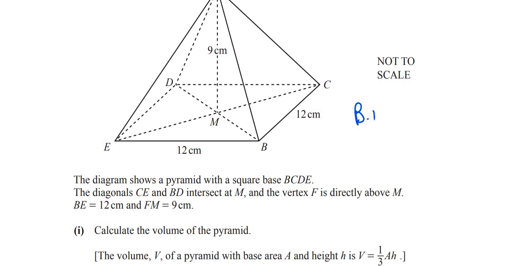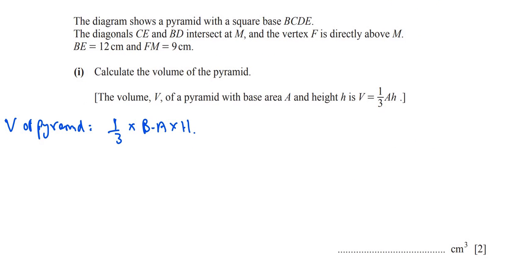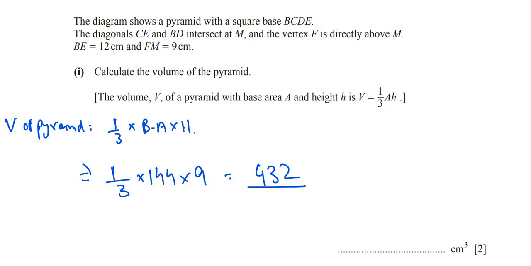So base area is 12 squared, which means 144. So volume of the pyramid is going to be 1 upon 3 multiplied by base area, which is 144, multiplied by height, which is 9. So this turns out to be 432. All right. So your answer is 432.